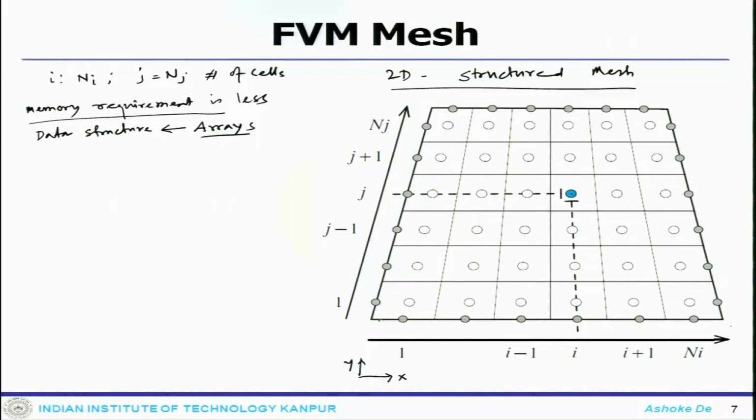Once you define your dimension, the size of the arrays are also going to be that size, which will store the variable at the cell center, and it also needs to keep track of the coordinates of the cells and the connectivity amongst the neighboring cells.